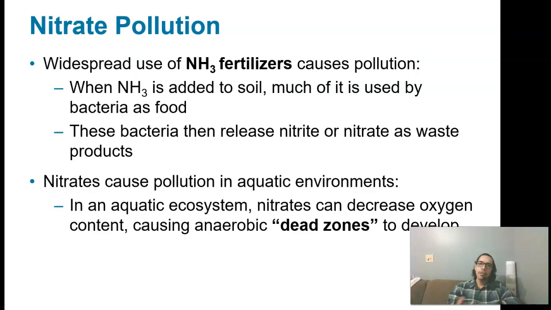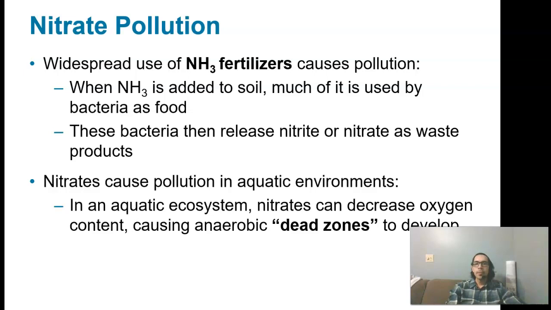And the nitrates are the ones that cause pollution in aquatic environments. They find their way into a stream and then end up in the ocean, where they cause what are called dead zones, because in these zones there's a lack of oxygen. We're going to go over why that happens.